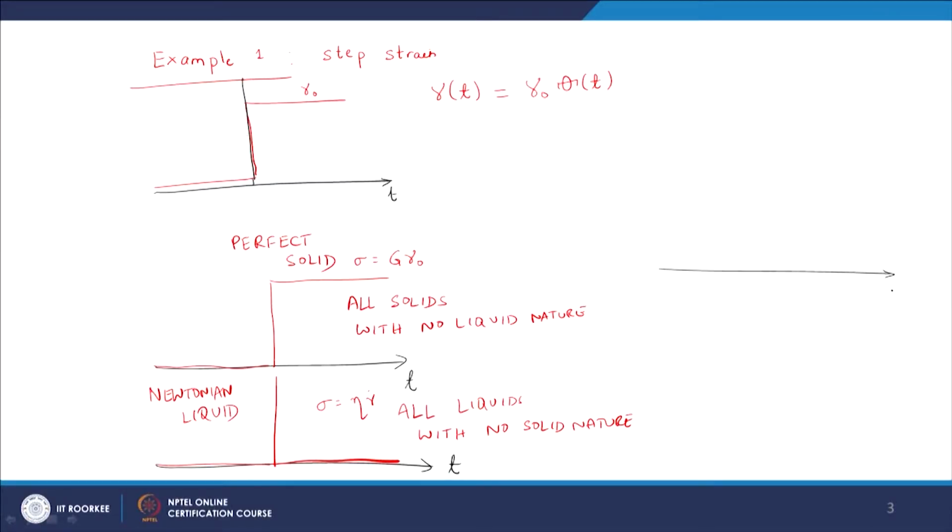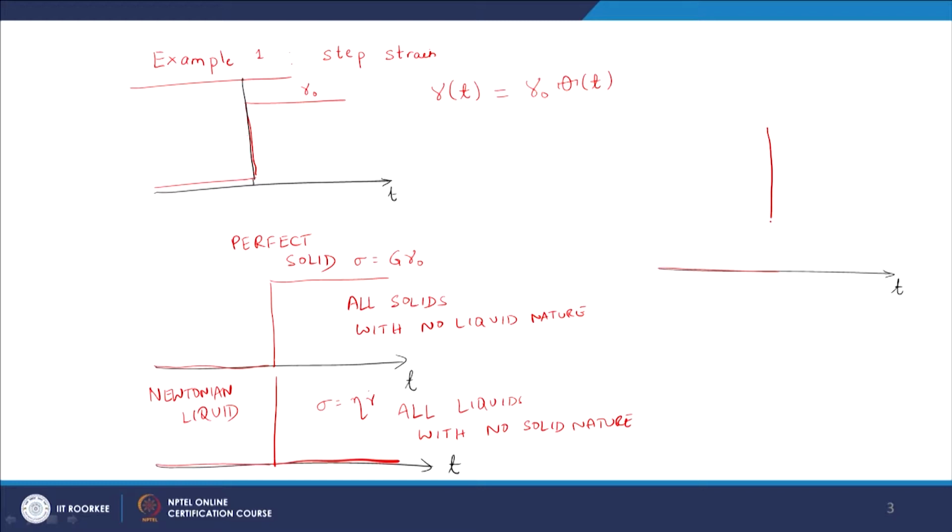So, in that case, what we may expect is, again it is of course 0 before time t equal to 0, and the stress in the very beginning when I start applying the shear, at that particular point you will have a solid-like nature, and then after the shear is applied, then the material will start to flow.